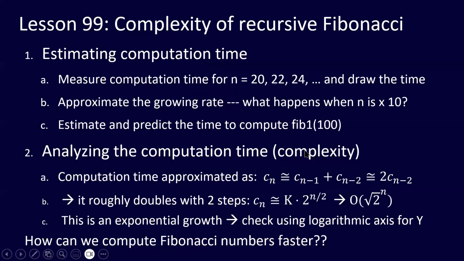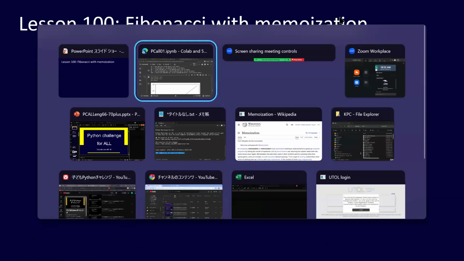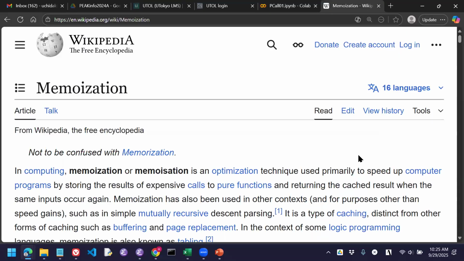So let us continue. So the problem was, how can we compute the Fibonacci numbers faster? And actually there is, yes. What we see today is a Fibonacci with memoization. What is memoization? A new word, maybe. Let's take a look at Wikipedia.